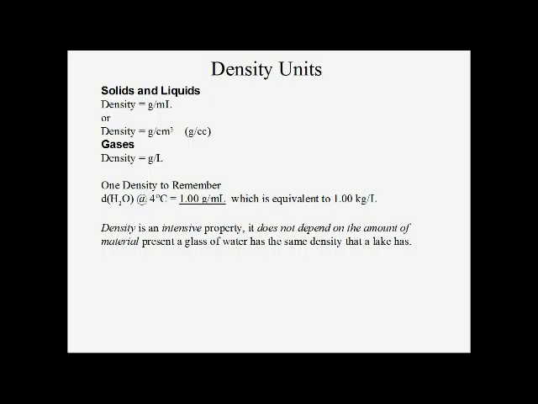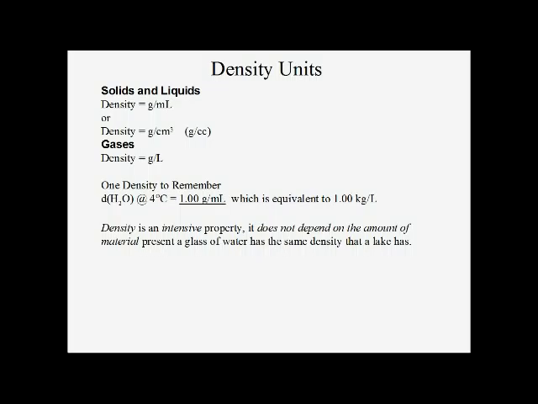Our properties are also either intensive or extensive properties, depending on whether it varies with the amount of substance present. Intensive properties do not depend upon amount of substance present. Extensive properties depend upon how much of the material is present. So mass and volume are obviously both extensive properties.